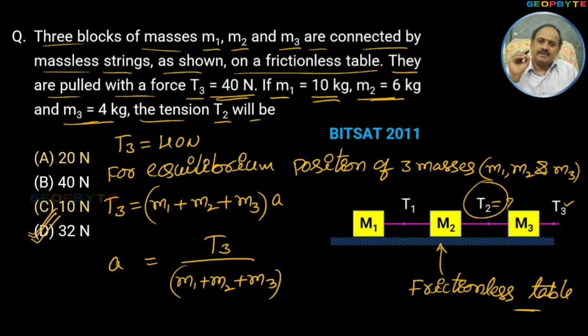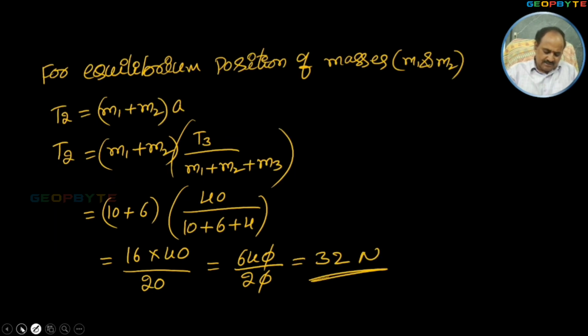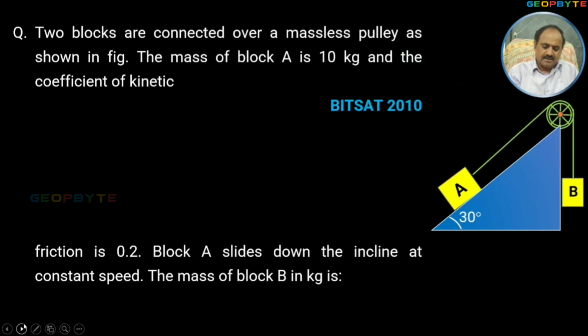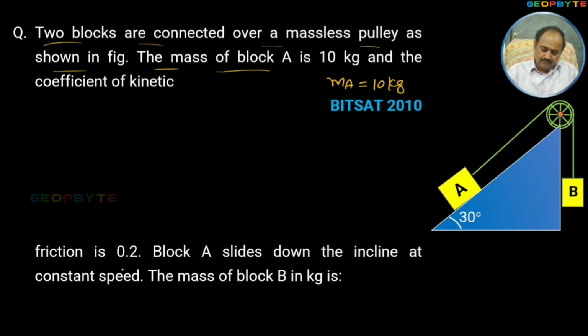Understood clearly? Yes. Similarly, let us take another important problem. Look at this problem. It is asking like this. Two blocks are connected over a massless pulley as shown in the figure. The mass of the block A, that is MA, is given 10 kilograms, and the coefficient of kinetic friction is 0.2.